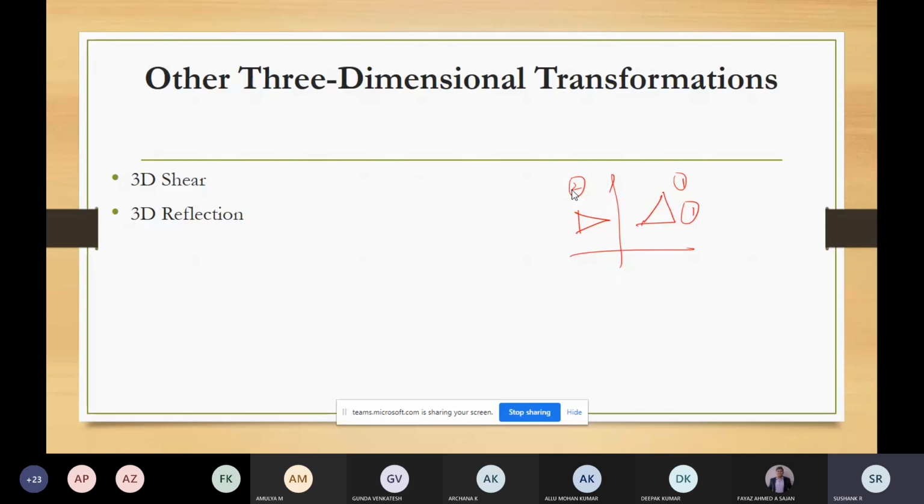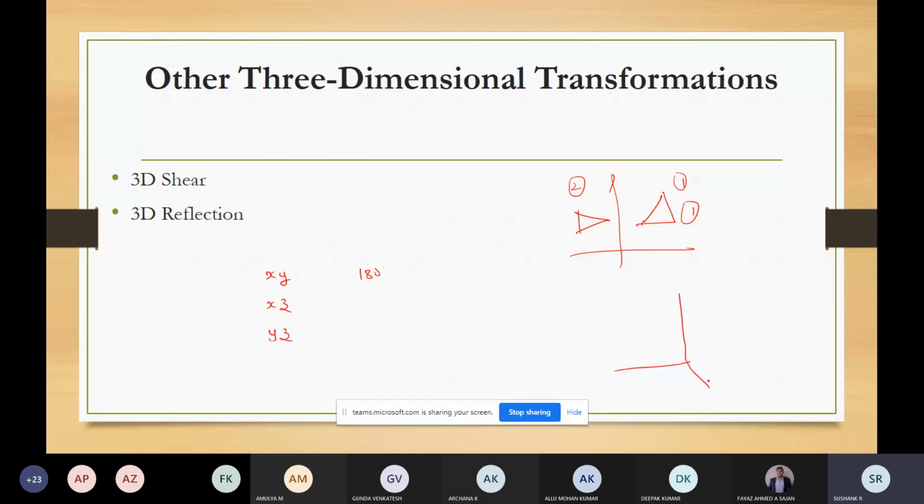So for example, if we have a reflection axis like xy or xz or yz, the transformations can be a 180-degree transformation along the z-axis, along the y-axis, along the x-axis. Like this we can think, or draw this.